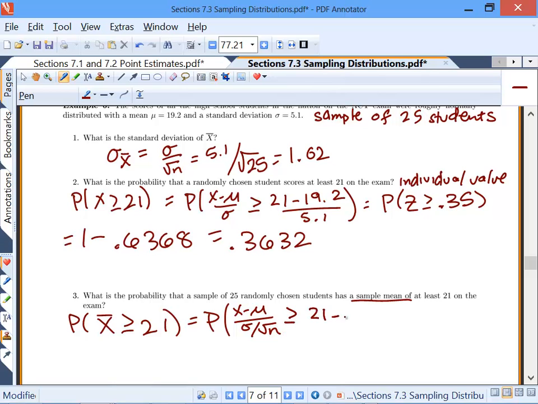So 21 minus my 19.2 over 5.1 over the square root of 25. That gives 1.76.